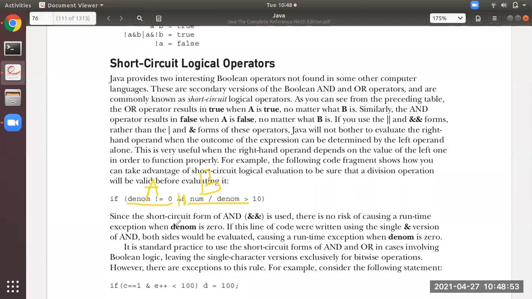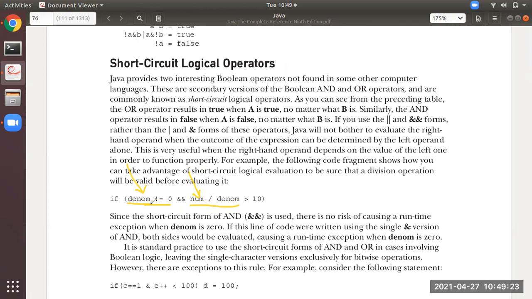Now we will see this example. Please consider that the variable denom is equal to 2, and num is 40.